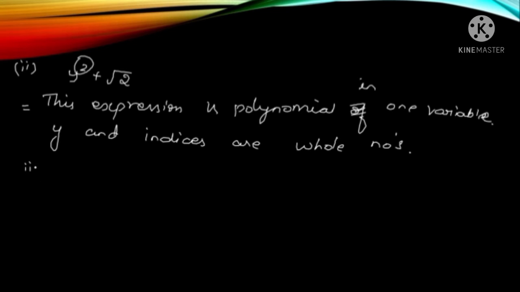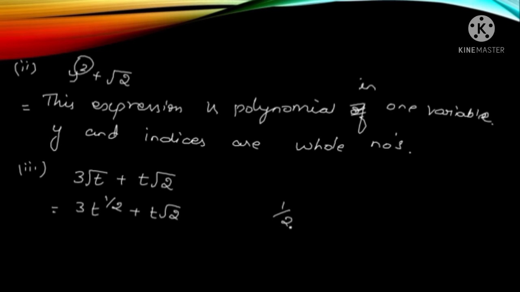The next, third subdivision: 3 root t plus t root 2. So what is root t? Root t we can write as t power half, plus t root 2. This root 2 is a constant, don't bother about this constant. Here it is a polynomial in one variable, but look at the index, that is the power. Is 1 by 2 a whole number? No, 1 by 2 is not a whole number.